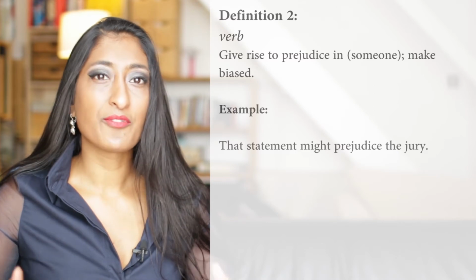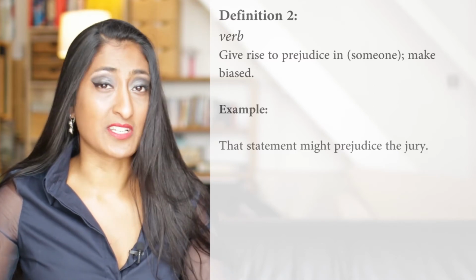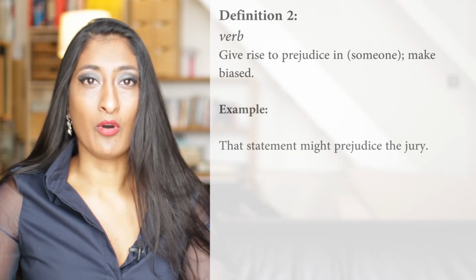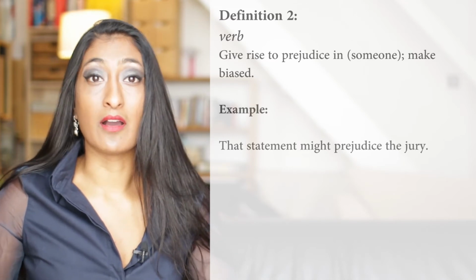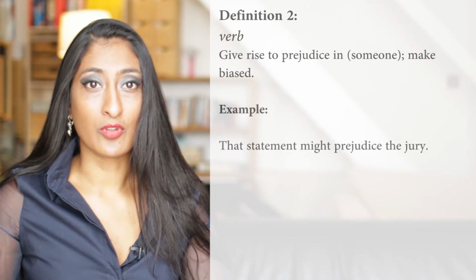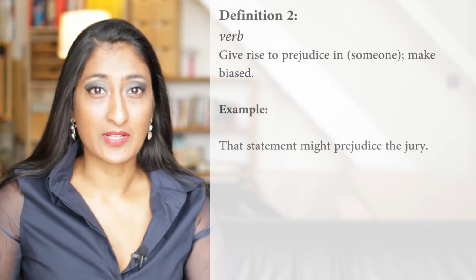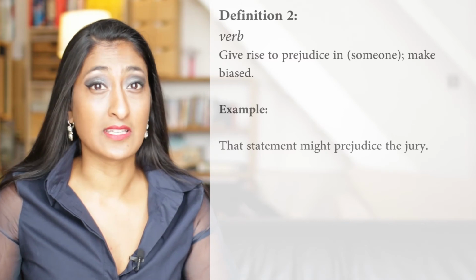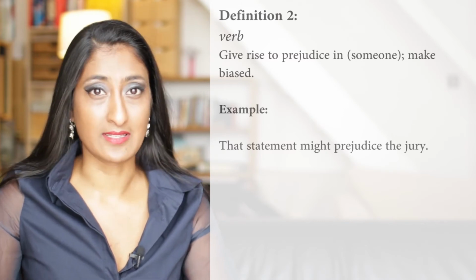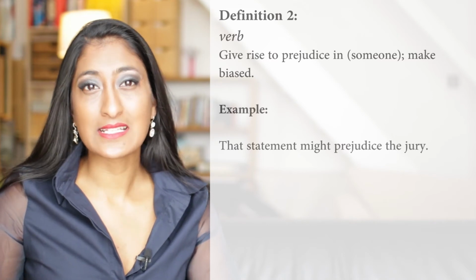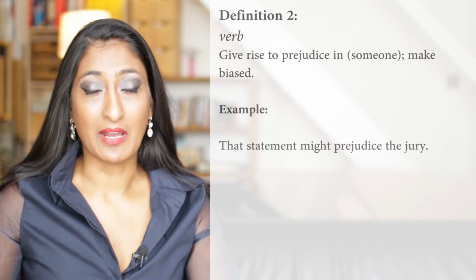So if we were in a court case, for example, the jury is made up of a number of people that are impartial to the whole proceedings. So they don't have a vested interest in the person being charged being guilty or not. They don't know that person. However, they might have some preconceived ideas about the crime.